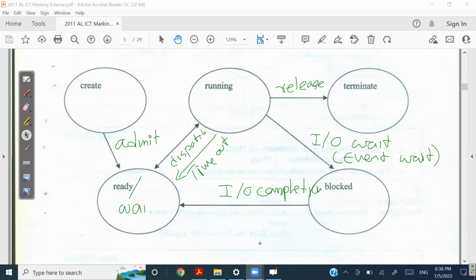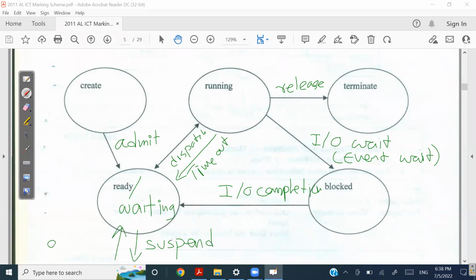Some communication errors have happened, people. So this can be written as ready or waiting. At the latter part, there is swapped out and waiting from here. Once you suspend this state, you go to swapped out and waiting.